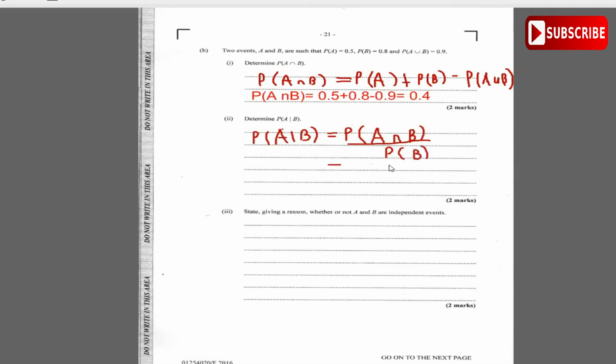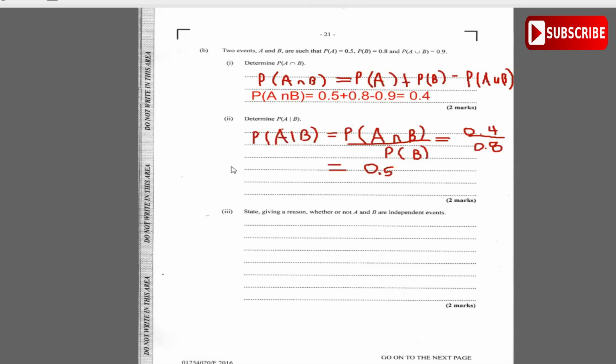Now that's equal to the probability of A intersect B, which is 0.4, over the probability of B of 0.8. 0.4 over 0.8 is a half, or 0.5. That's the probability of A given B. Next, state, giving a reason, if A and B are independent, yes or no.